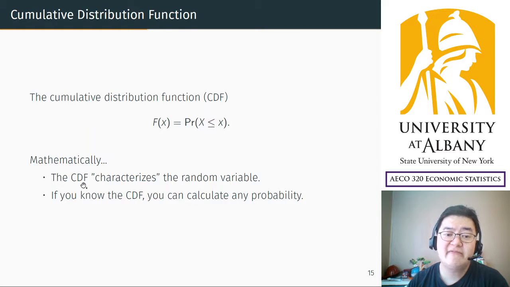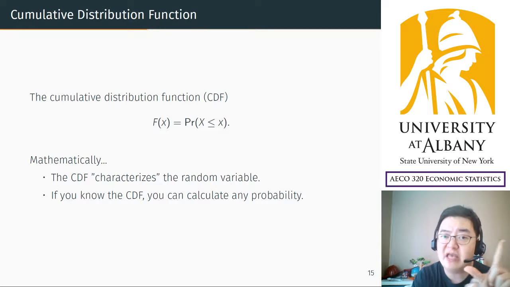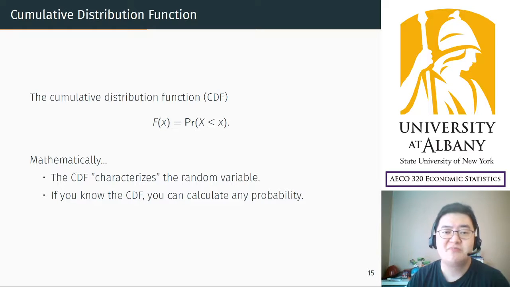Mathematically, the CDF characterizes the random variable. When I say characterizes, mathematically it means two things. First, every random variable has one cumulative distribution function, and if two random variables have the same cumulative distribution function, they are the same random variable. That's the mathematical definition of characterization.